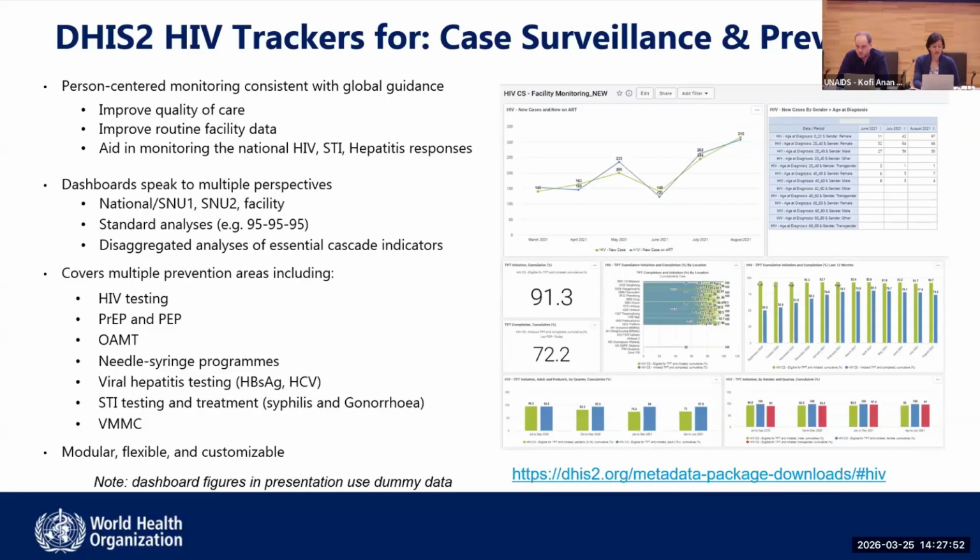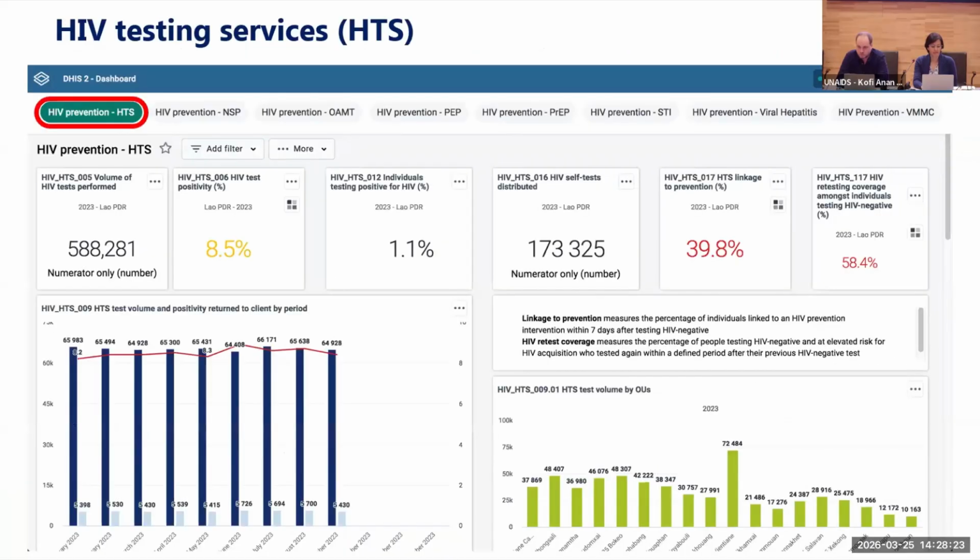So for prevention, the tracker package covers all the different prevention interventions, including testing, PrEP, PEP, opioid agonist maintenance therapy, needle syringe programs, and we also have viral hepatitis testing and STI testing and treatment for syphilis and gonorrhea. And there's also VMMC. And the nice thing about the packages is that they are modular, flexible, and customizable so that they can be adapted to the country context and what makes sense for each individual setting.